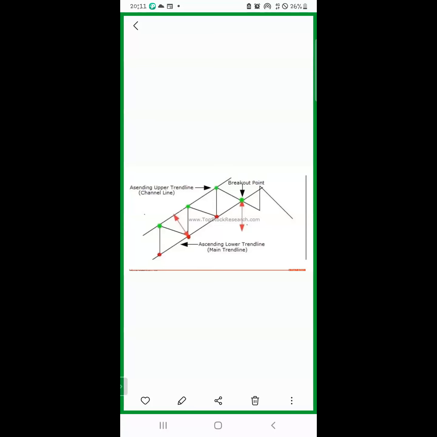When you are trading with the channels, we have only one rule, which is we wait for breakout and retest.